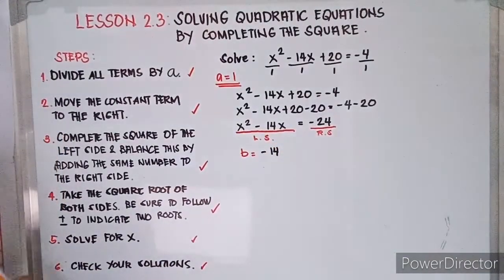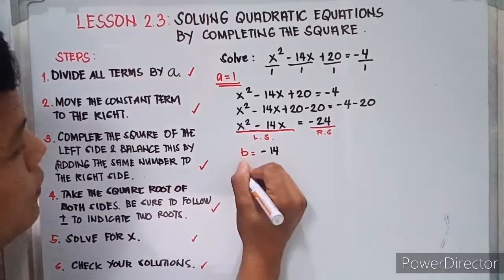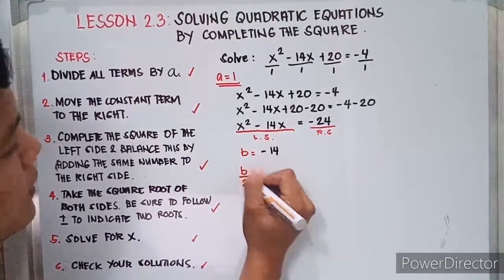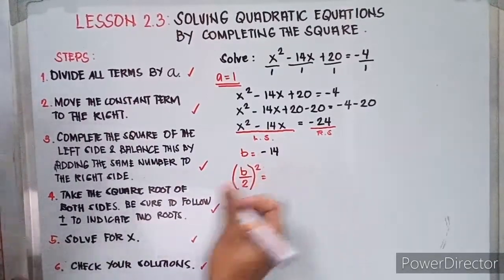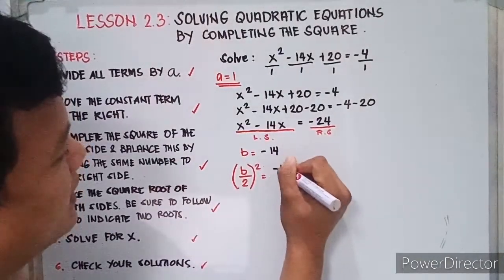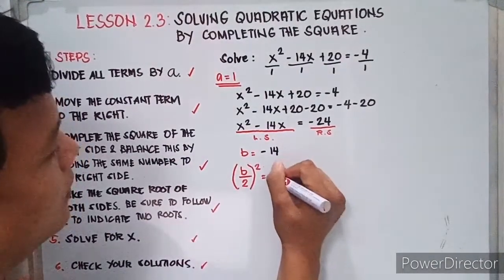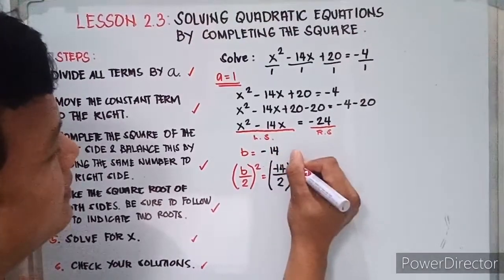Once we have the value of b, we make it b over 2 squared. So we have negative 14 over 2, quantity squared.